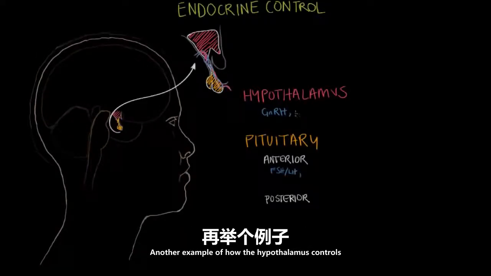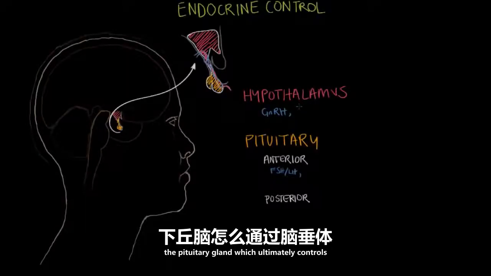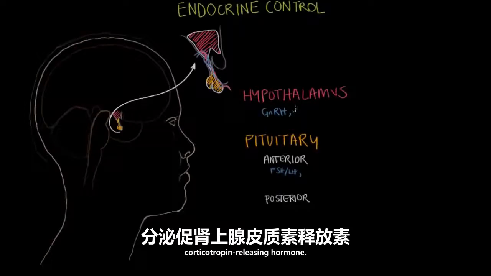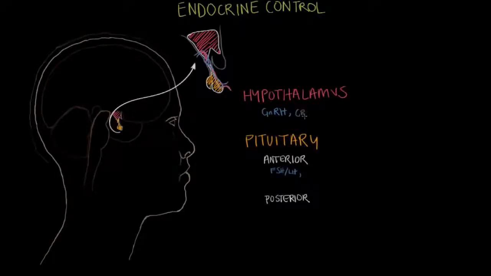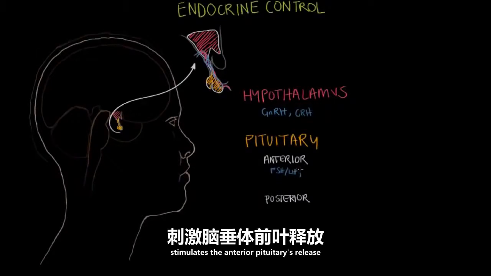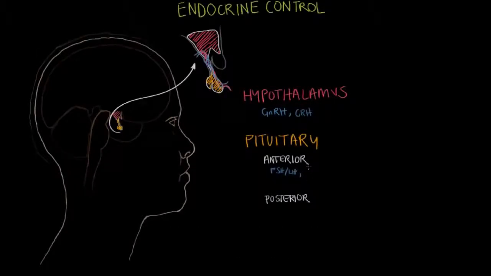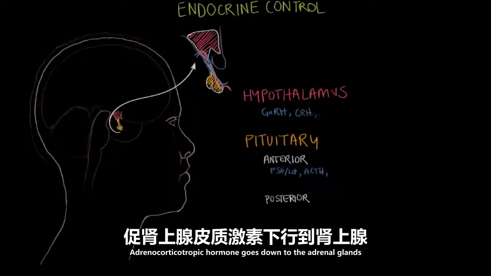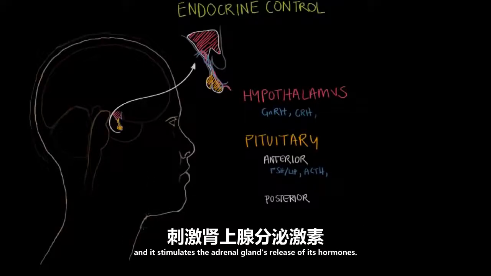Another example of how the hypothalamus controls the pituitary gland, which ultimately controls the endocrine glands, is corticotropin-releasing hormone. Corticotropin-releasing hormone stimulates the anterior pituitary's release of adrenocorticotropic hormone, ACTH. Adrenocorticotropic hormone goes down to the adrenal glands, and it stimulates the adrenal gland's release of its hormones.